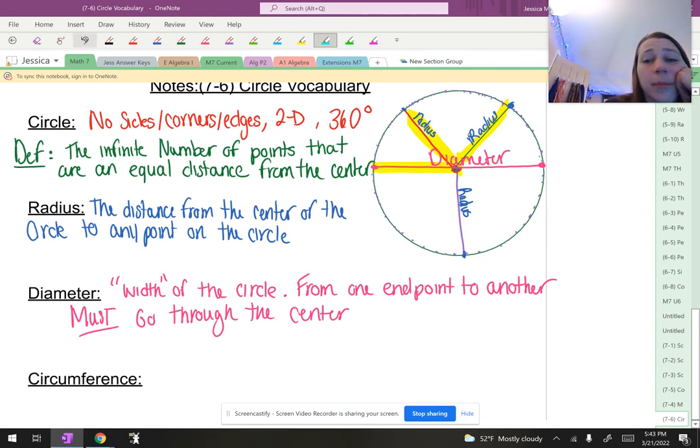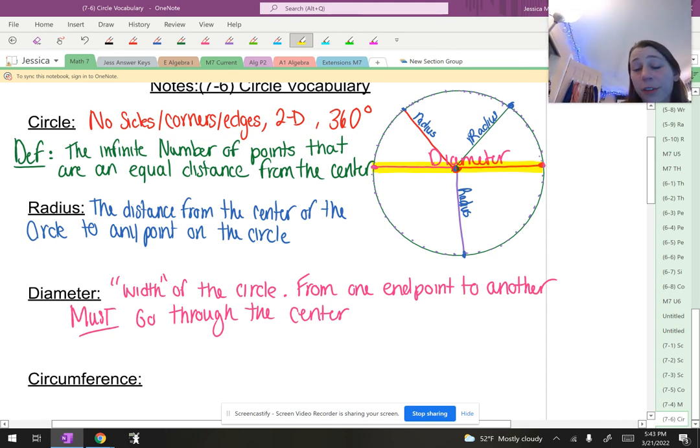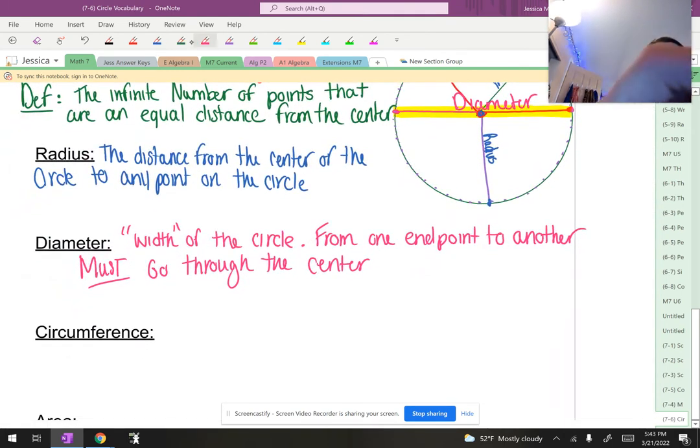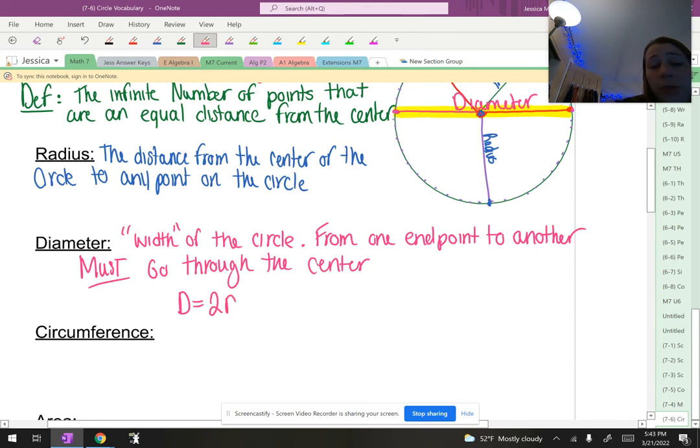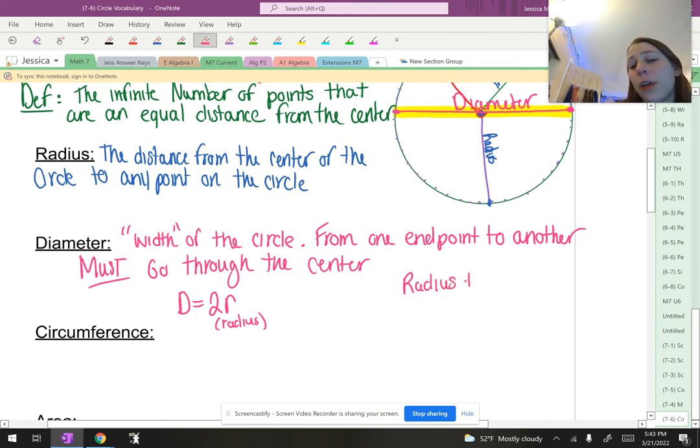So if this highlighted length is the radius, and this highlighted length is also the radius, and together those make the diameter, the diameter is actually equal to two times the radius. Radius plus radius equals diameter.